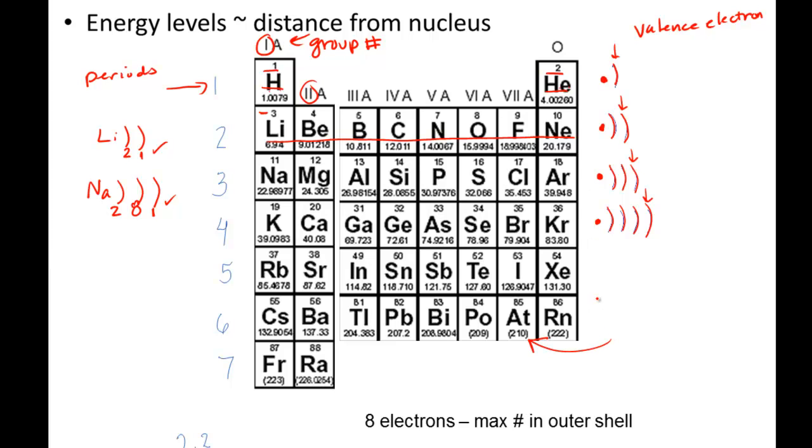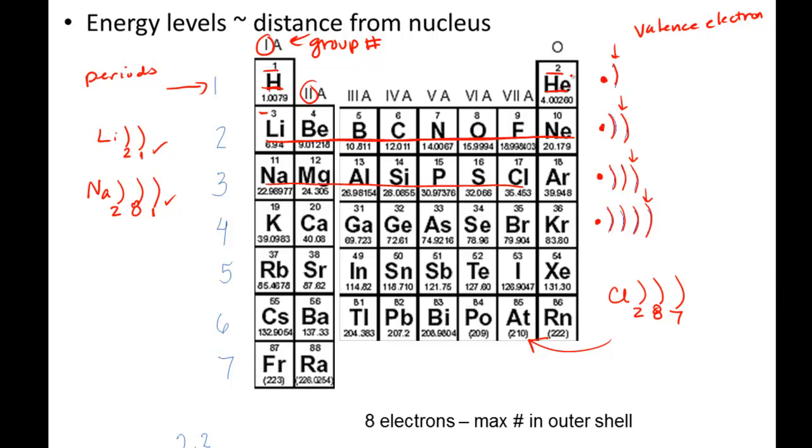It will be the same as you keep on going down. It's just that the 1 electron will be further away from the nucleus. Again, if we look at group 7, for example, chlorine, chlorine is in the third period. It has a total of 3 shells. The first shell again has only 2 electrons. The second shell will have all 8 electrons. And the third shell will have 7 electrons.